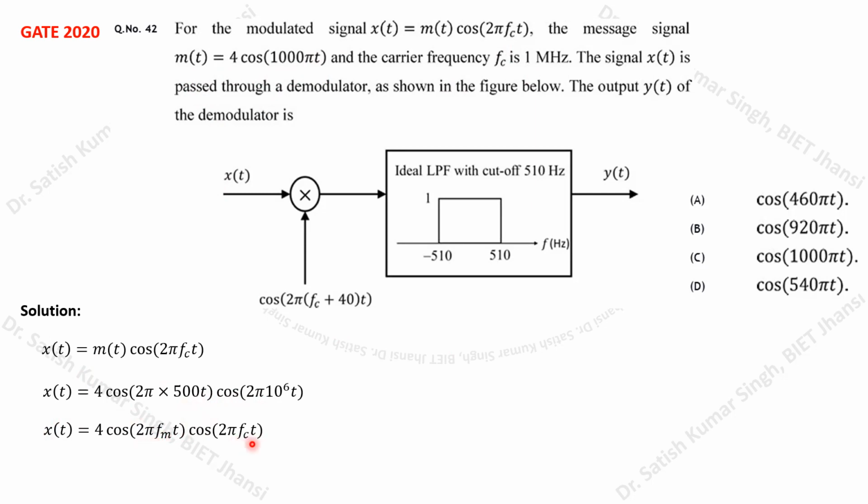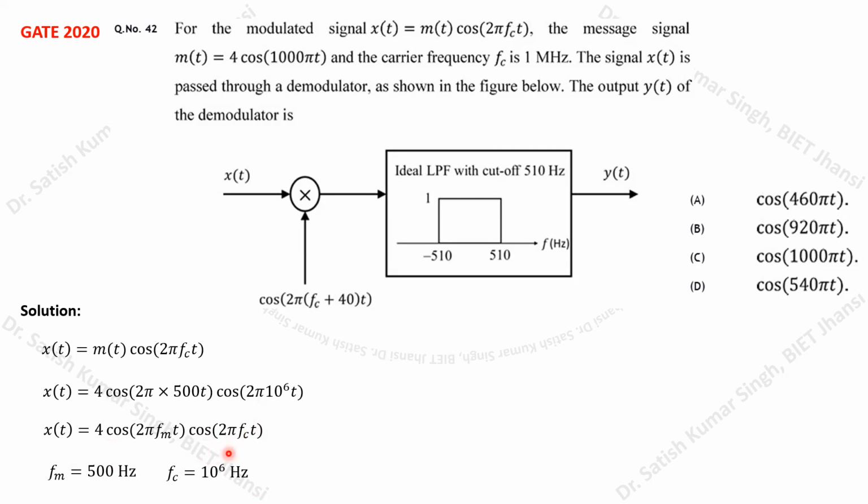I will be solving this problem in the form of fm and fc only, and at the end of the solution, we will substitute for fc and fm. Obviously here fm is equal to 500 hertz and fc is equal to 10 to the power 6 hertz.